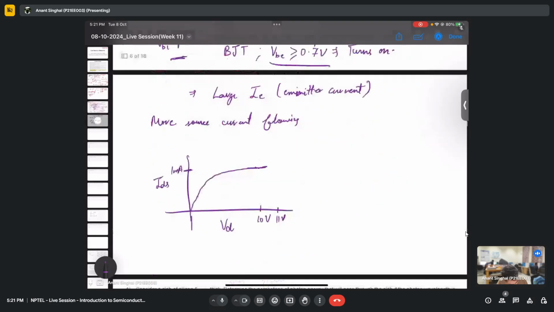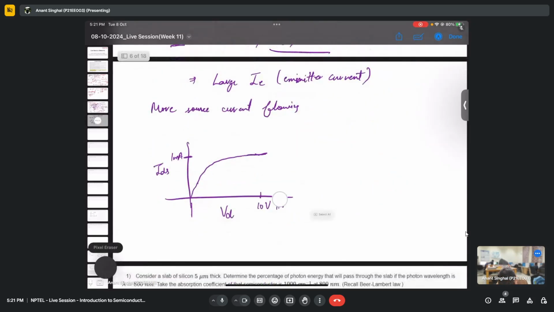So what happens in ID-VD? At 10 volts, the current tends to increase, but the drain voltage is not required as much as it was before. So this is the parasitic BJT action, and this is what we call snapback behavior.